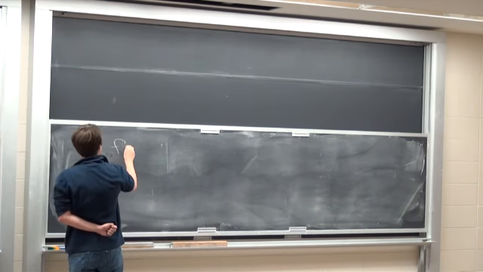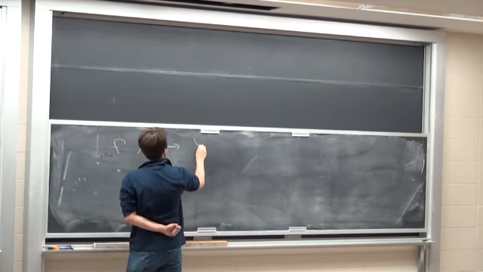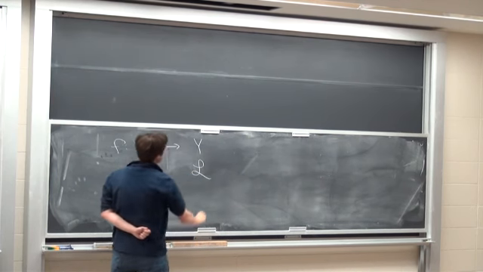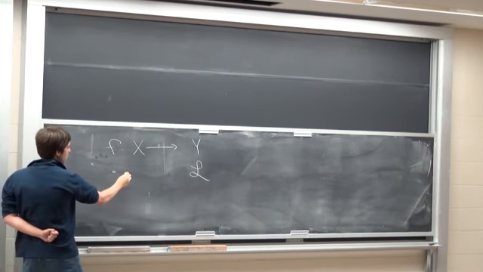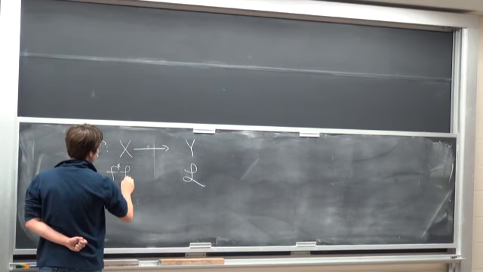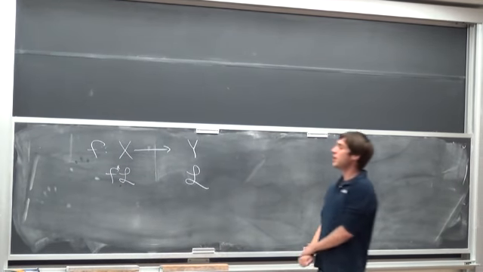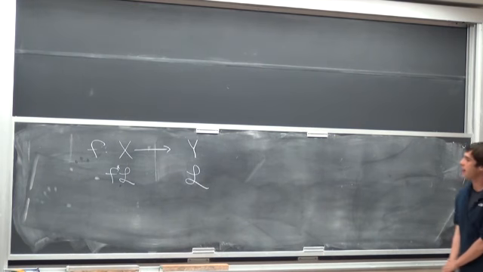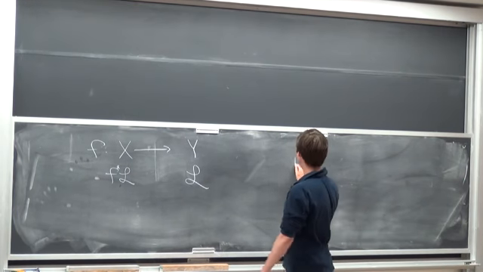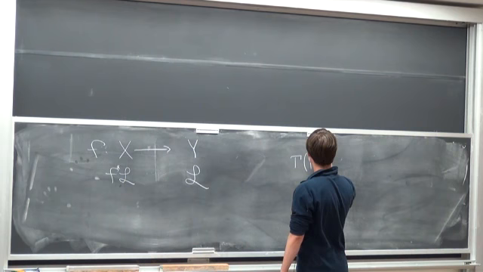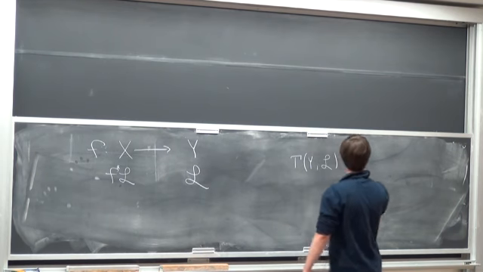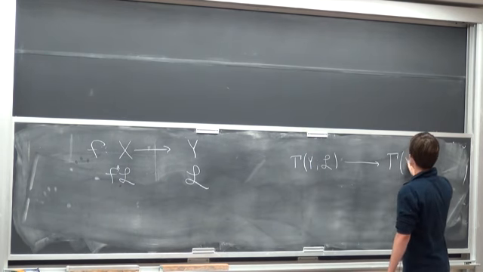Now suppose you have a map of spaces from X to Y, and you have a local system L on Y. You can pull it back to get a local system on X. And there's a relationship between global sections of L and global sections of the pullback. Namely, any global section of L will determine for you a global section of the pullback.